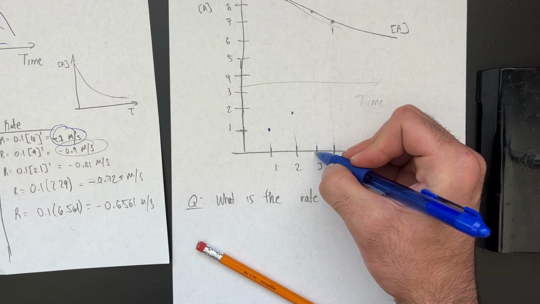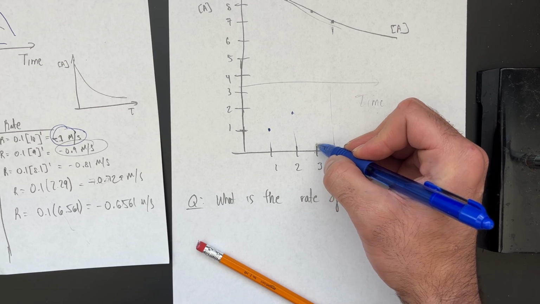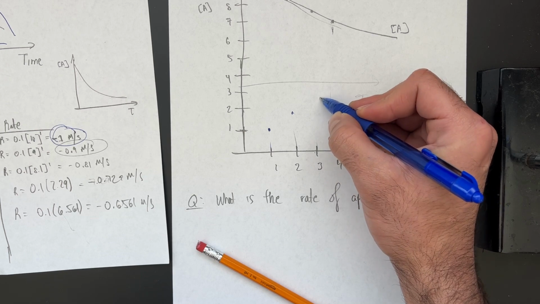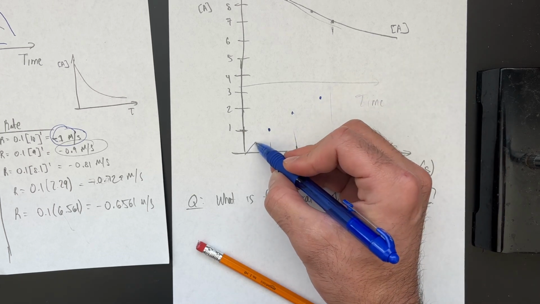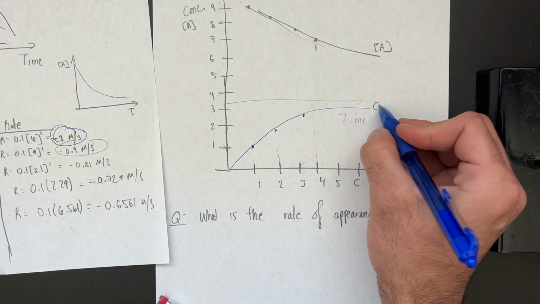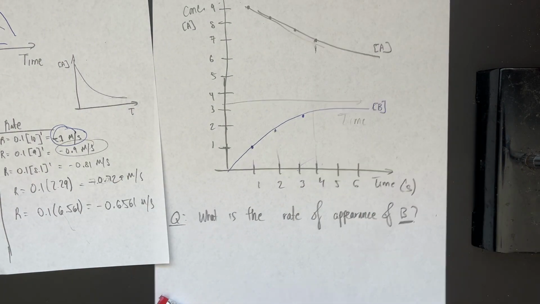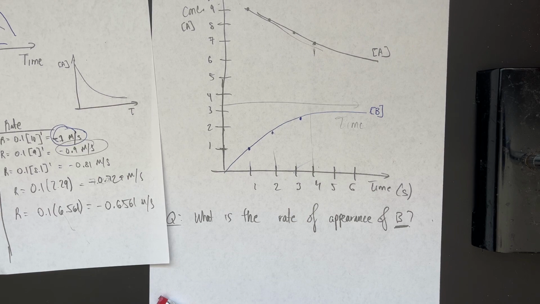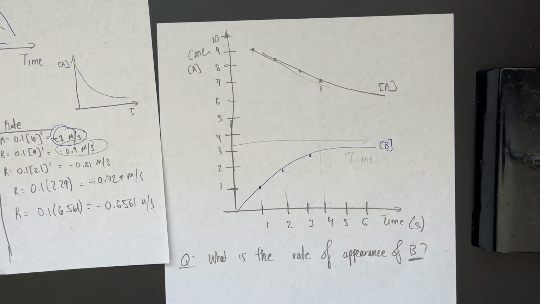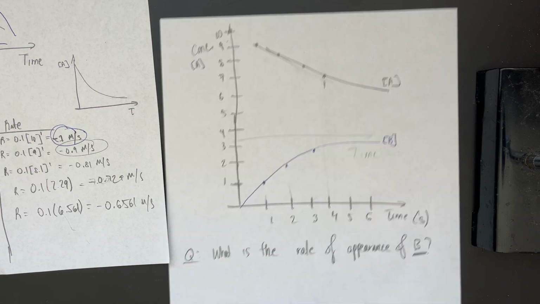After 3 seconds, we'll have approximately 2.7. And so what you'll see here is B also increasing at a decreasing rate. We're going to be increasing the amount of B, but that's going to slow over time. And so what we can see here is the stoichiometric ratio. This is kind of an interesting little thing.